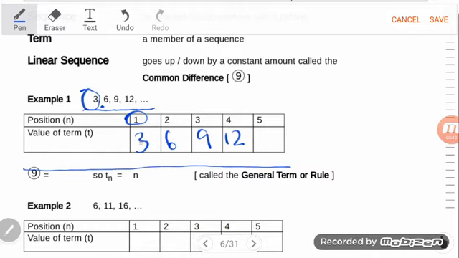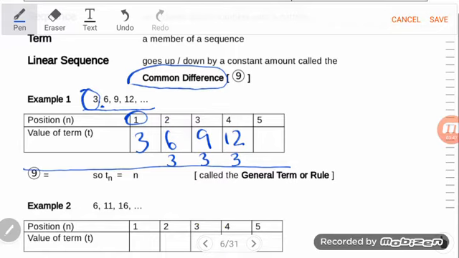From 3 to 6, there's a difference of 3. From 6 to 9, there is a difference of 3. From 9 to 12, there is a difference of 3. Okay, this is definitely a linear pattern because there is a common difference where each time we are increasing by 3.